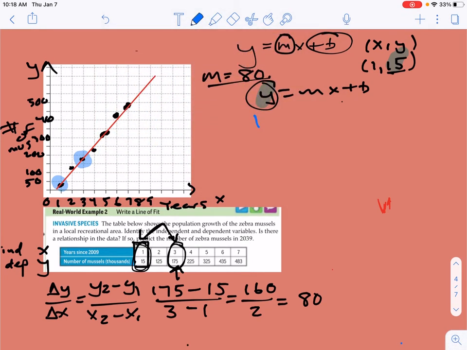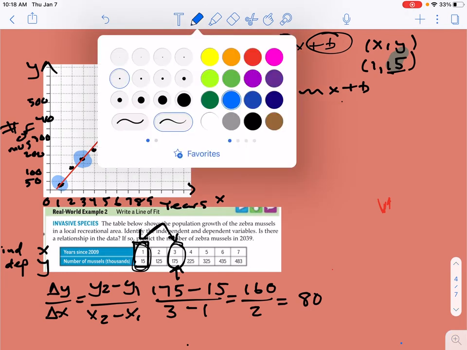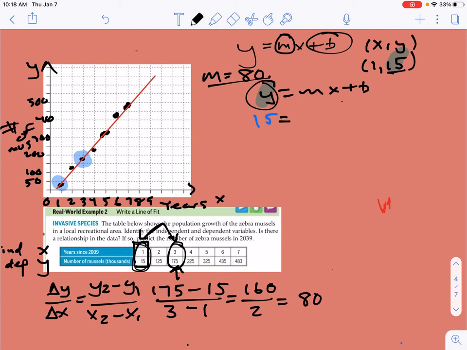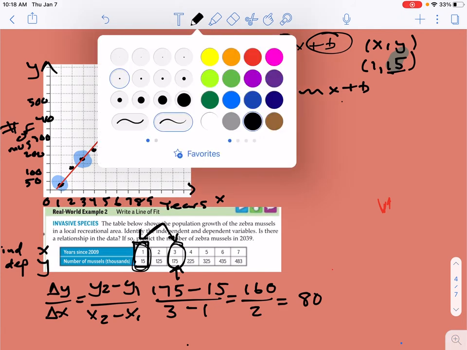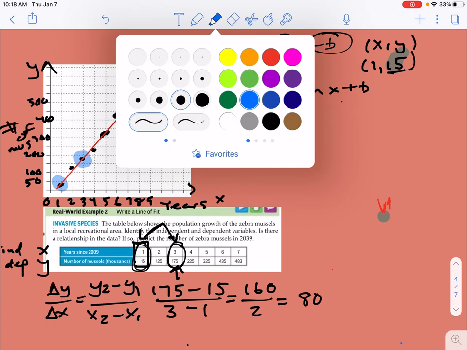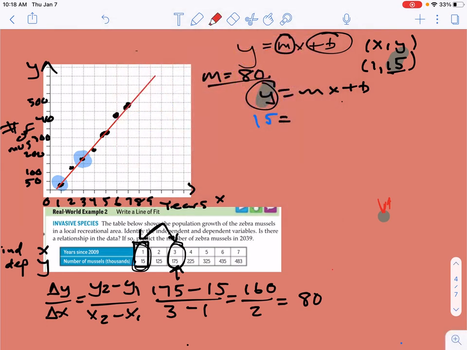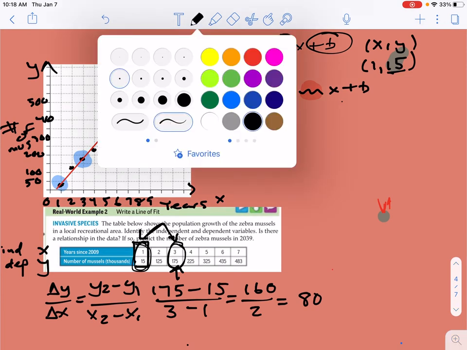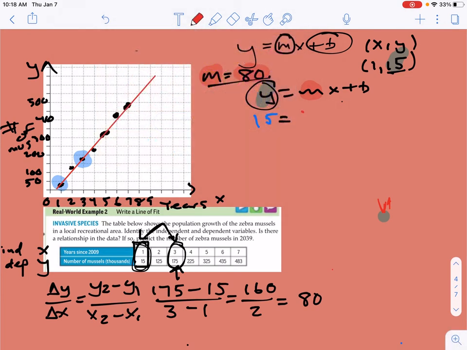All right, and then equals, and then m is 80. Sorry, I'm doing all this color shifting, but I want this to be really obvious. So this is m and this is m, and so that means 80.